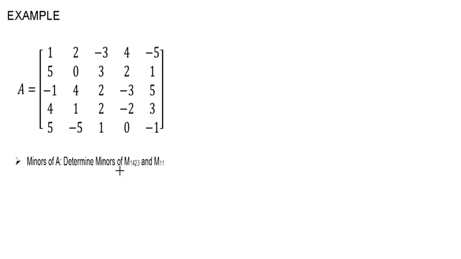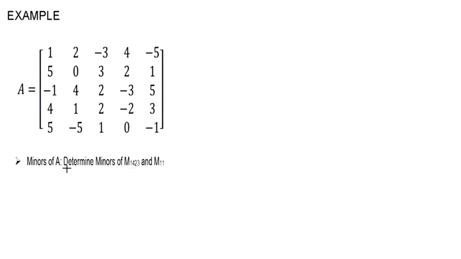To determine the minors, we have to delete the given rows and columns. For the mth order minor, the determinant is formed by taking the elements common to the m rows and m columns. For the complementary minor, the determinant is formed after deleting the m rows and n columns of a given determinant.